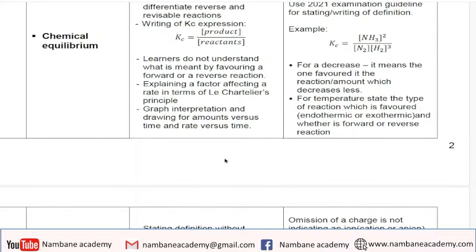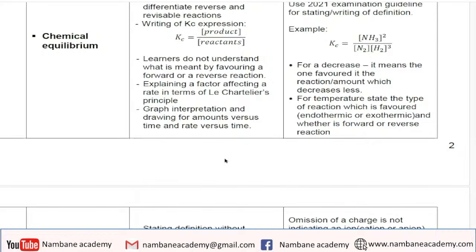We said one of the conditions of equilibrium, the concentrations remain constant and the rate of both forward and reverse are equal at that point. Then you'll see them equal like that. Then at the point where they start to be equal, that is where we say now the reaction has reached what? Equilibrium. And obviously, before the first equilibrium, the rate of the forward will always be higher than the rate of reverse, before the first equilibrium.